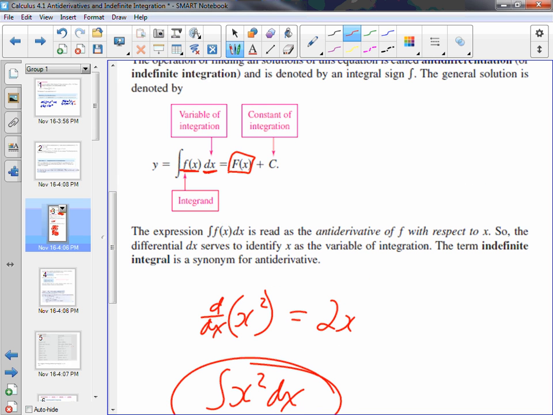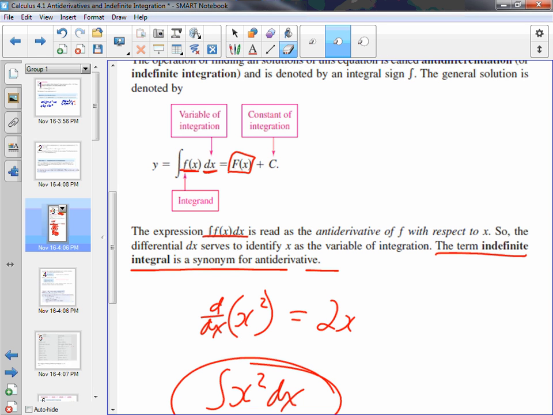All right, let's see. All right, the term indefinite integral is a synonym for antiderivative. If I remember synonym correctly, it means exact same thing as. All right? So the expression, and I'll say this both ways, the integral of f of x dx is read as the antiderivative of f with respect to x.